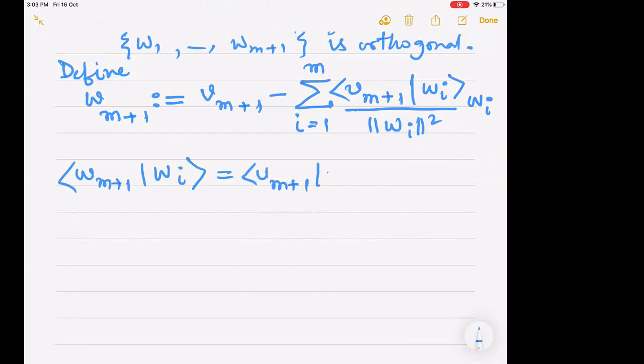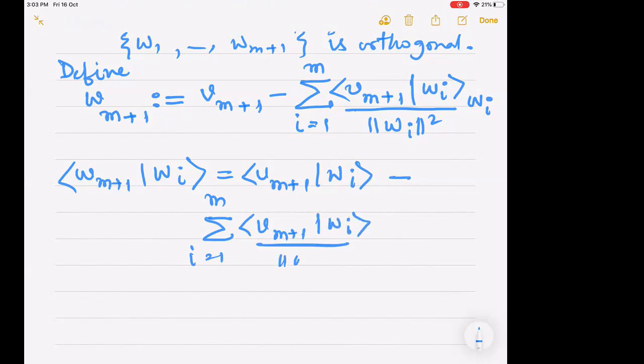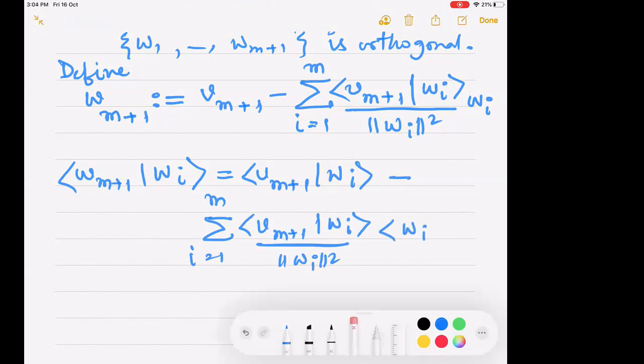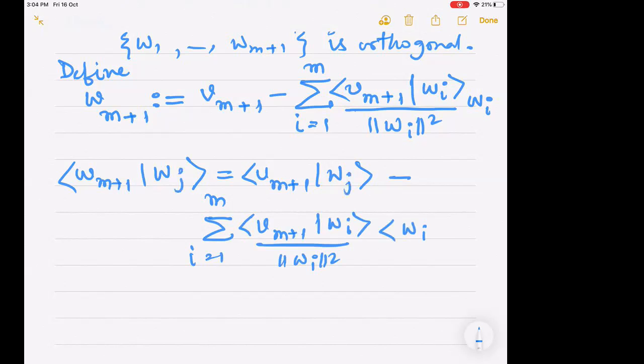This is this minus the summation i going from 1 to m of the dot product of Vm plus 1 with Wi over Wi norm squared, times the dot product of Wi with Wj. Oh, sorry, I have used both i's here. Yeah, have to be careful. Wj here like this.